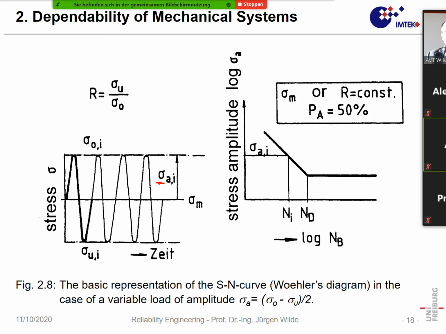And when you take that stress amplitude and make, for instance, a number of experiments with a certain stress amplitude, you end up with results. How many revolutions your sample will tolerate.